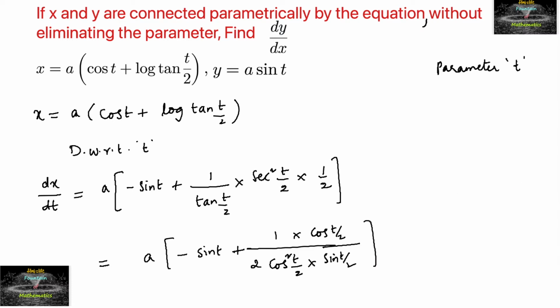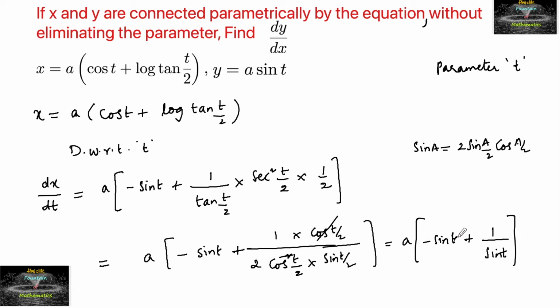We can cancel this, cos t by 2 one time gets cancelled, and this is 2 sin t by 2 cos t by 2. So we have the formula sin a is 2 sin a by 2 cos a by 2. So I can write this as a times of minus sin t plus 1 upon sin t.